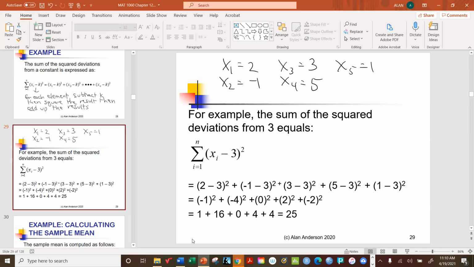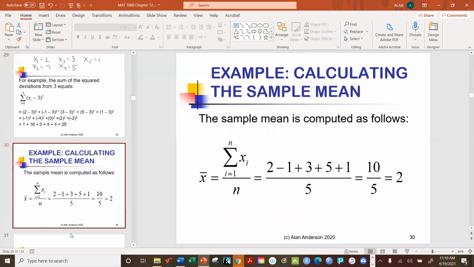All right, so let's take a look. So we'll bring all their information back together and revisit the original formula that we were looking at. And so we've got the sum of the x's, as we saw up here, equals 10. We divide by the sample size of 5, and we end up with our sample mean of 2.